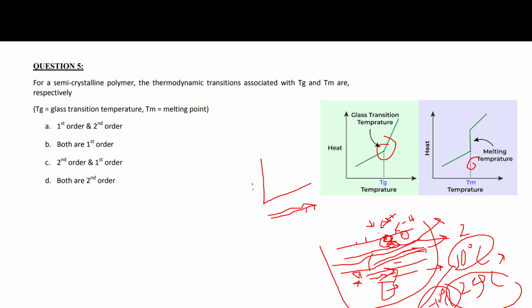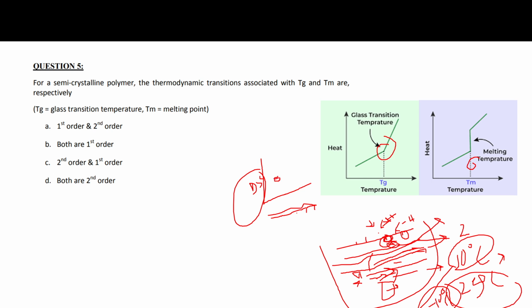There is an instrument like DSC, and with the DSC instrument you can measure the Tg and Tm of the polymer solution. In the DSC experiment, there will be a pan.